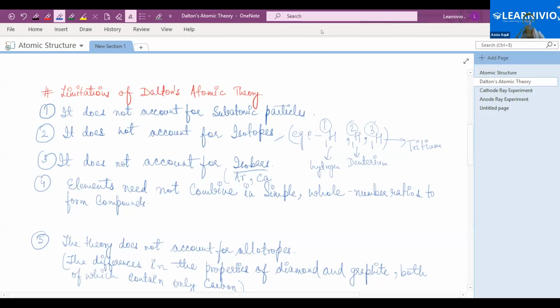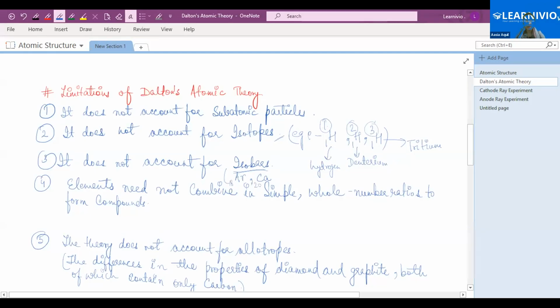I'll count one minute. Is it 17? No, it's 18. 18 for argon and 20 for calcium, right?